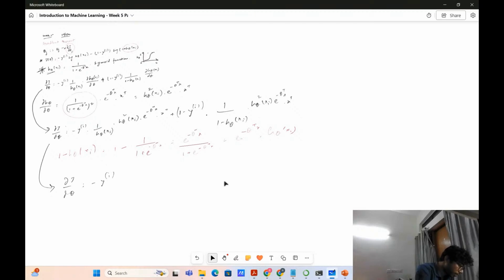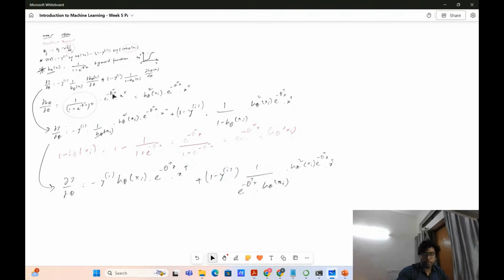The 1 by h theta and h theta cancel, so basically h theta xi times e to the power minus theta transpose x times x transpose, plus 1 minus yi, 1 divided by, we are replacing 1 minus h theta with this thing, h theta times h theta square e to the power of minus theta transpose x times x transpose.